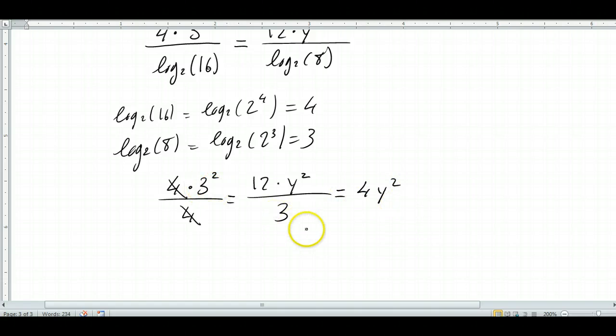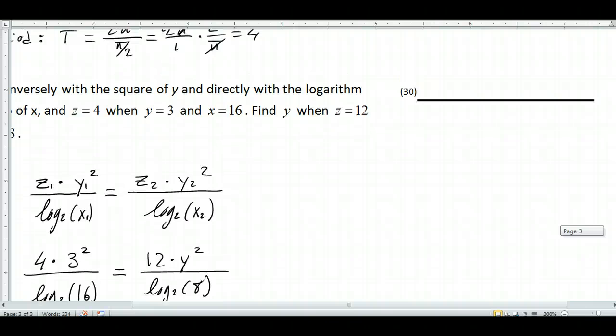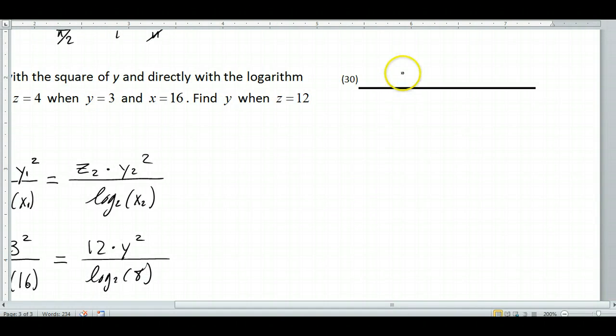And so we have 9. So right here we have 9 equals 4y squared. So 9 over 4 equals y squared. So y is, oh, plus or minus. Ooh, I'm not sure I thought about this one, but I have to be logical. So y is plus or minus 3/2. Okay, done with the free response. That's the extra credit, or extra question rather. Okay, done.